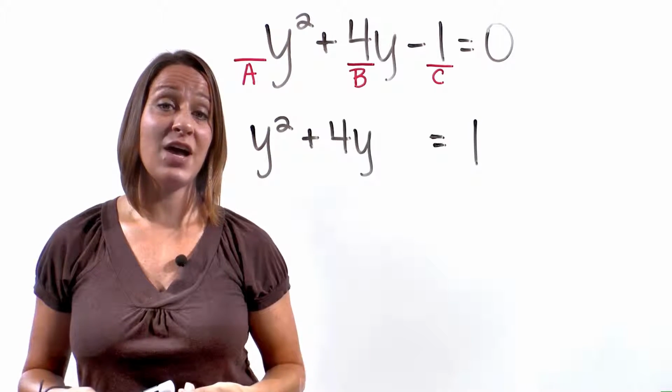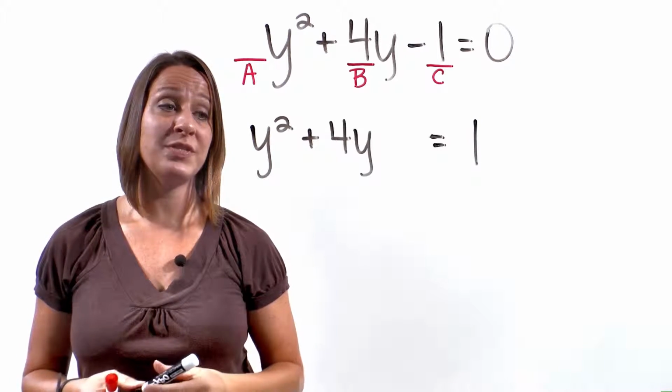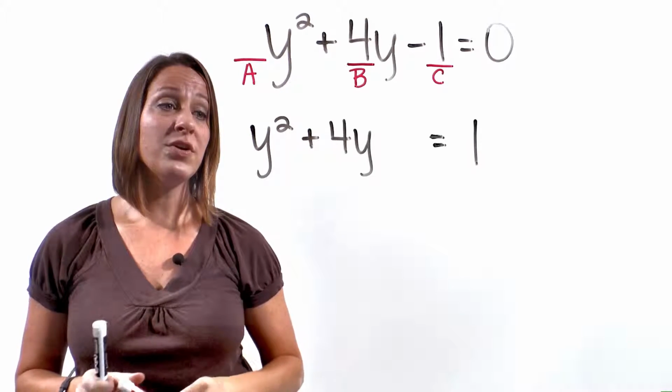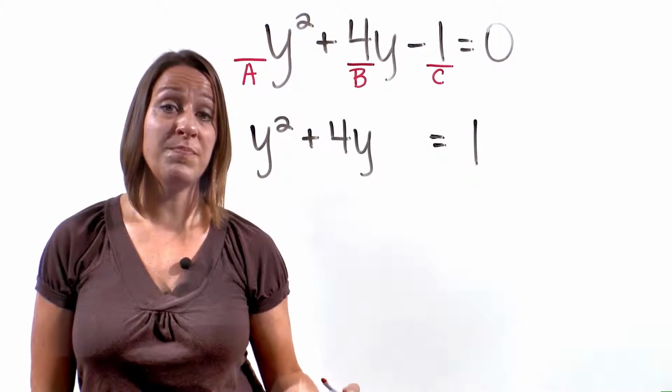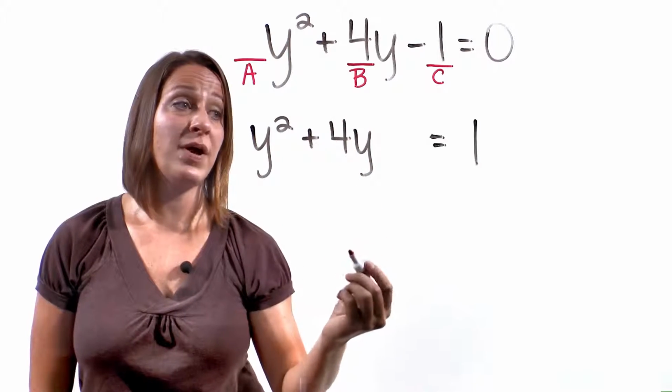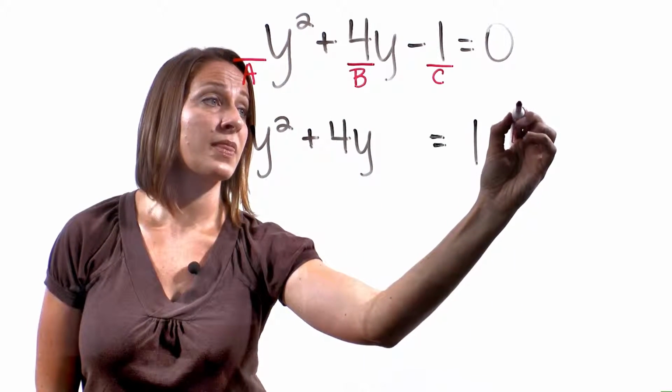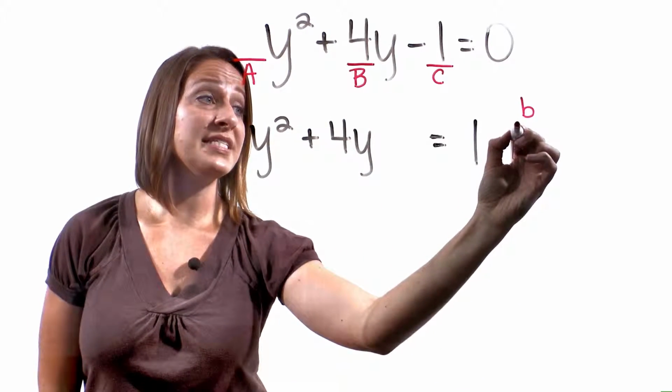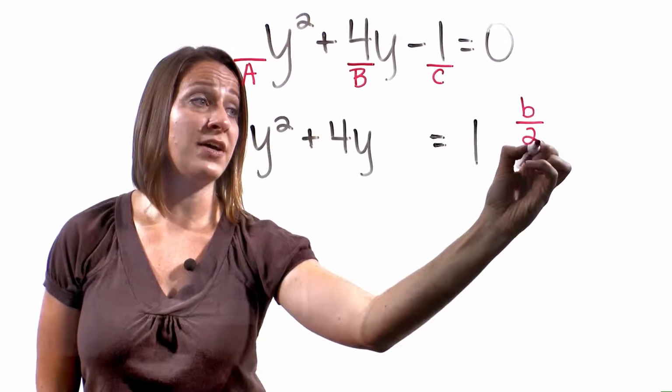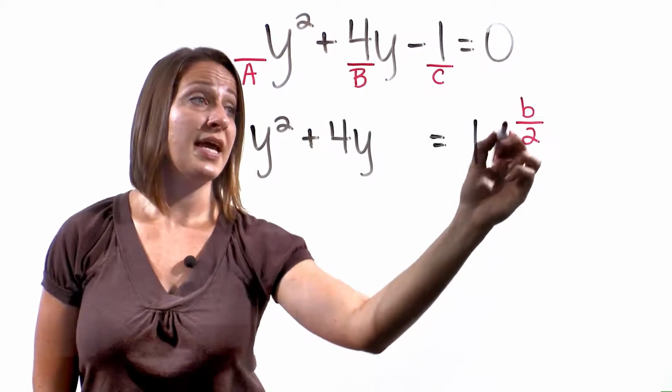So here's how to find out what number we're going to add to both sides. We're going to take our b value, which in this problem is a 4. We're going to divide our b value in half and square it.